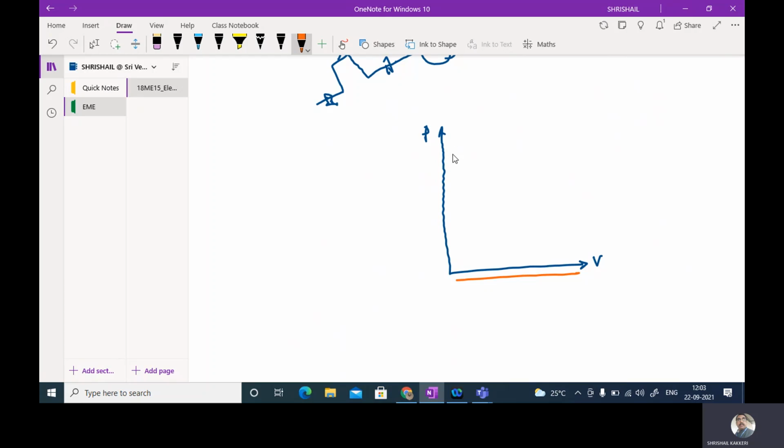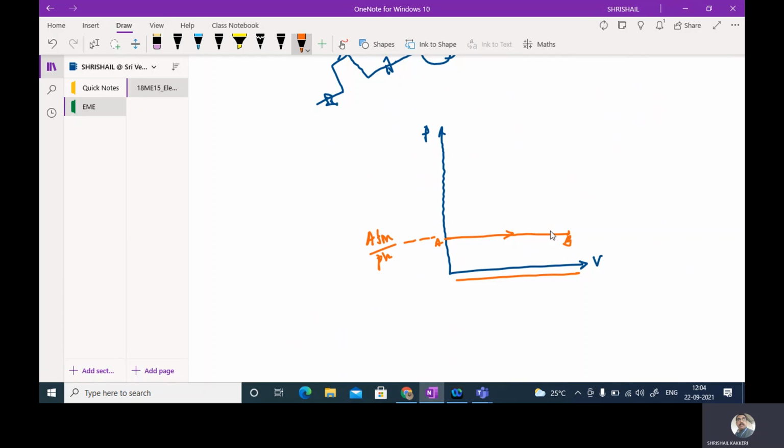And now, during this suction stroke, the fresh air and fuel mixture will be entered into the engine cylinder. This is called the suction stroke. Say it is A to B. Approximately it happens at atmospheric pressure.